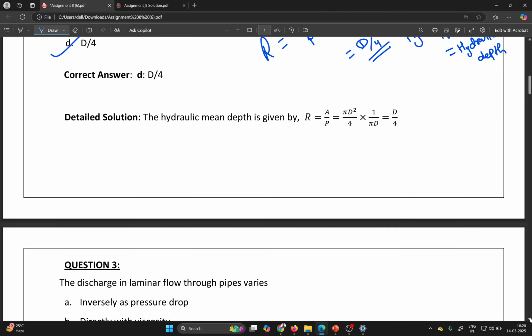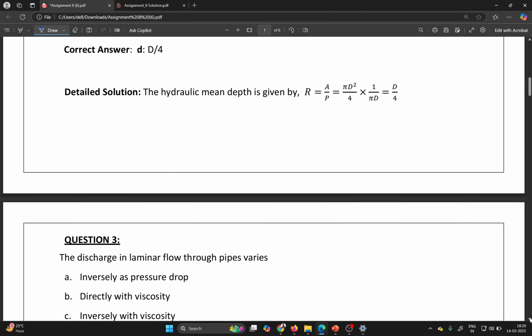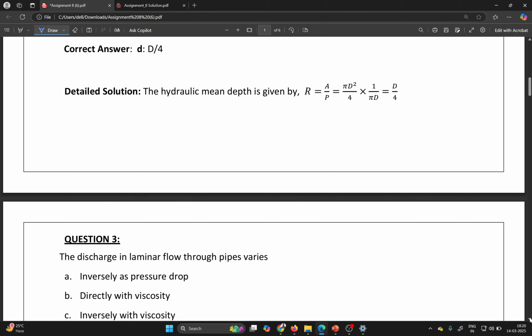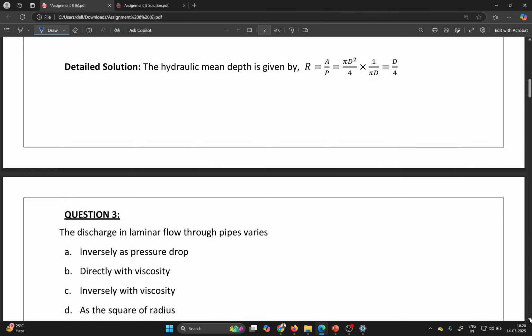The next question: the discharge in laminar flow through pipe varies inversely as pressure drop, directly with viscosity, inversely with viscosity, or as the square of radius.